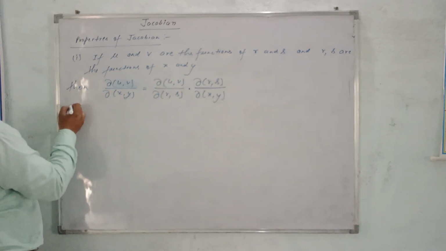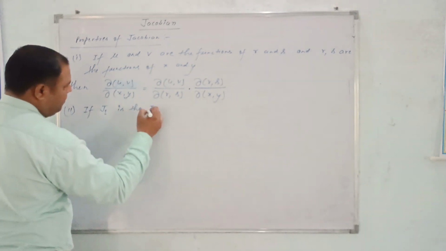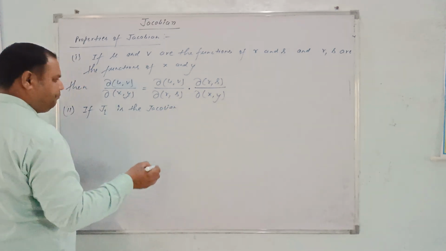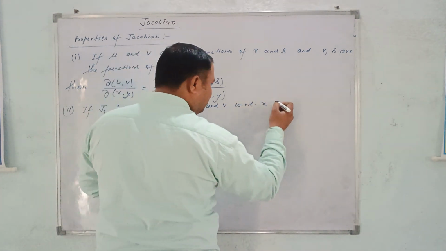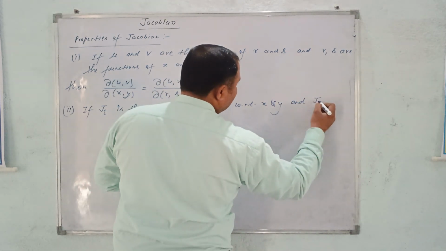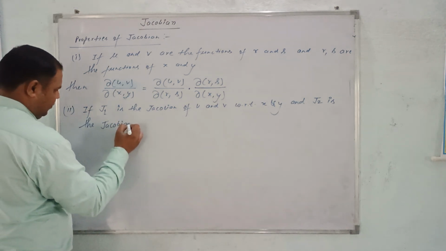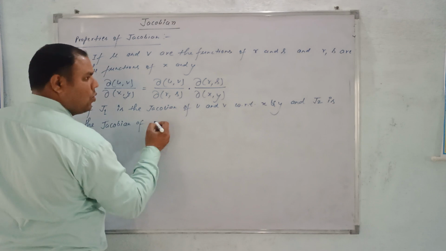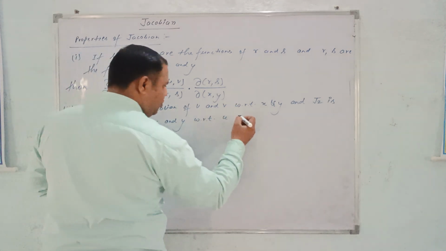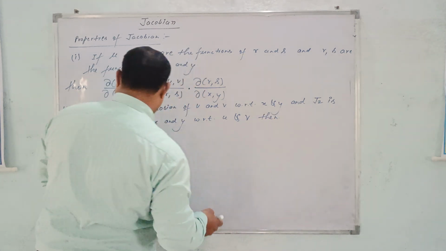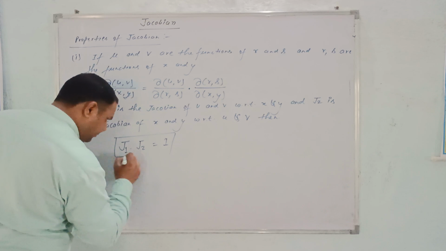And second is, if J1 is the Jacobian of u and v with respect to x and y, and J2 is the Jacobian of x and y with respect to u and v, then J1 into J2 is always 1.